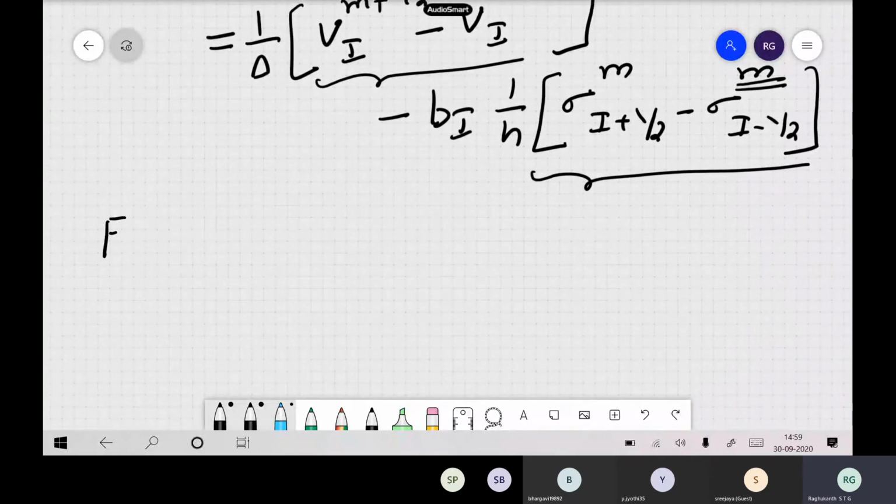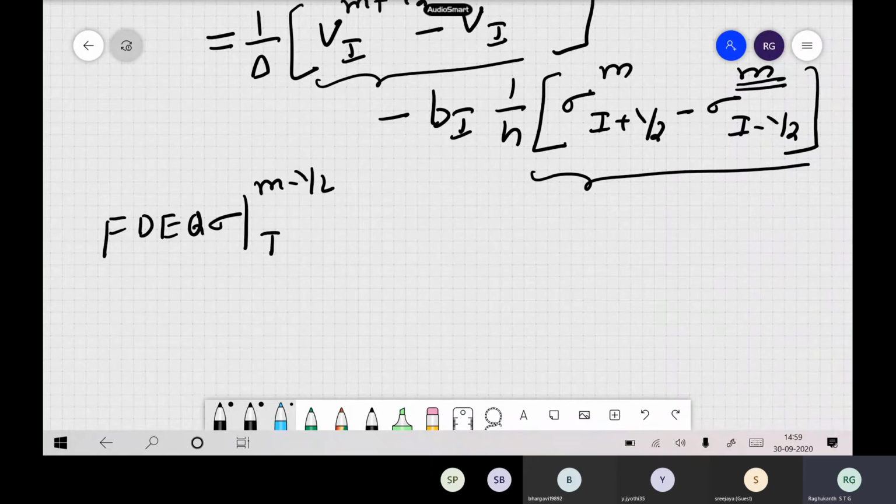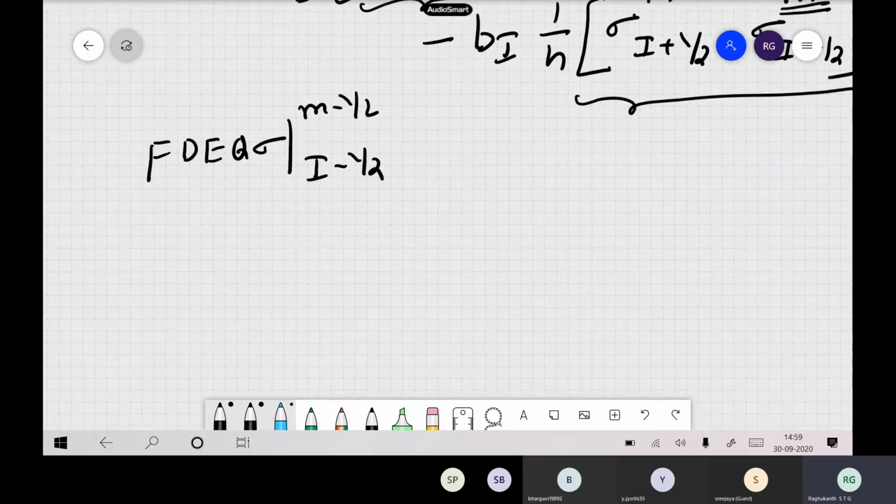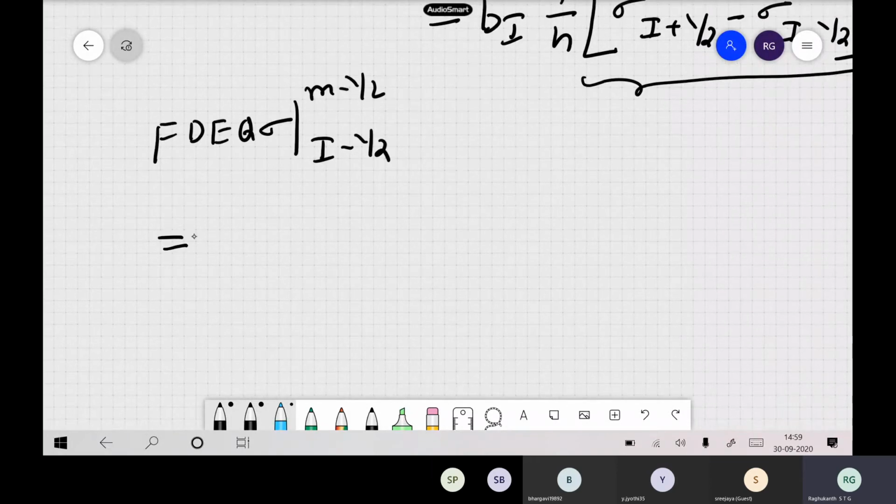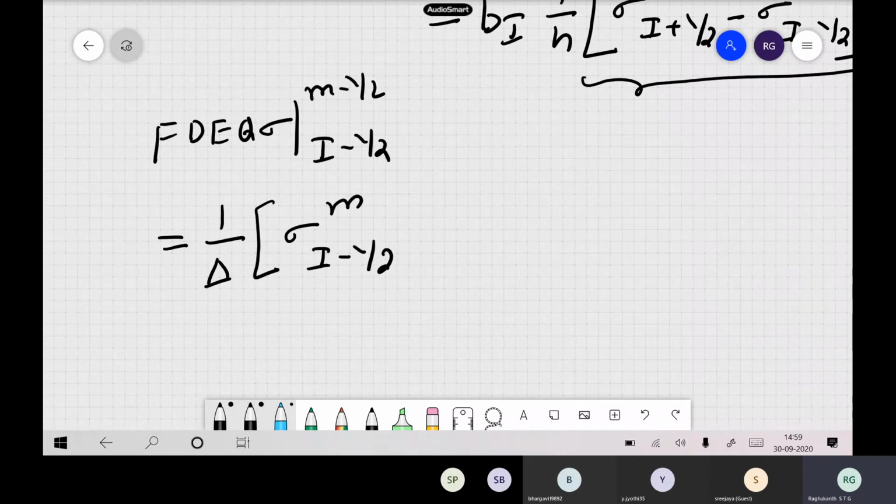Now similarly the second equation, that is for the sigma. This is also m minus half, and then i minus half. Okay, because of matching, you have to do like this. So 1 by delta t, sigma at m, i minus half, minus sigma at m minus 1, i minus half.